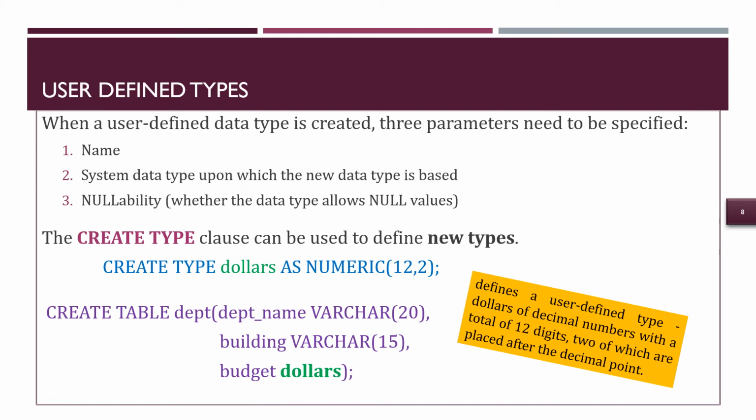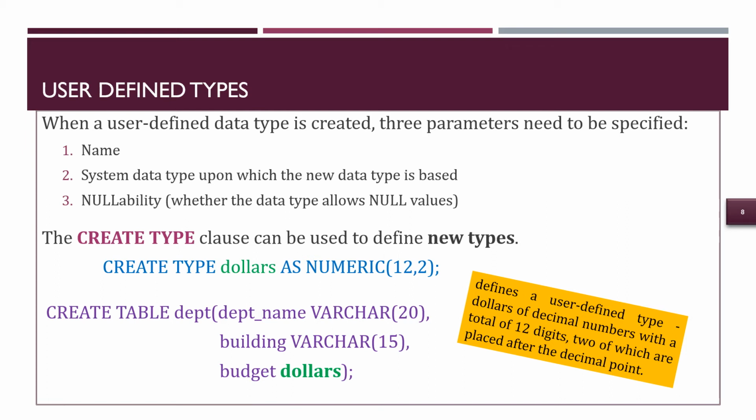So it defines a user-defined type named dollars of decimal numbers with a total of 12 digits, two of which are placed after the decimal point. Dollars is a user-defined type, a decimal number with a total of 12 digits.